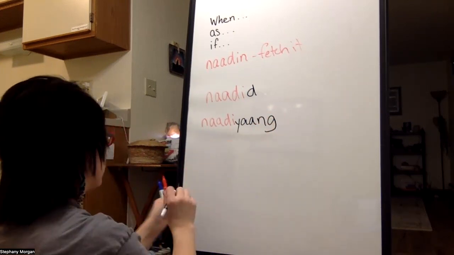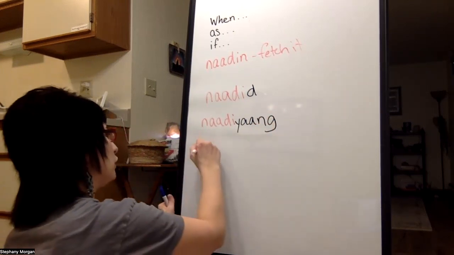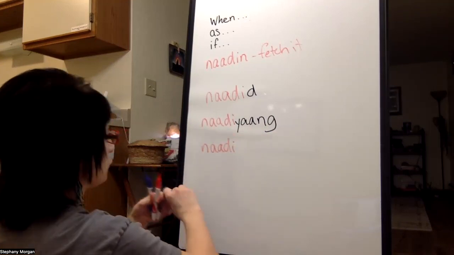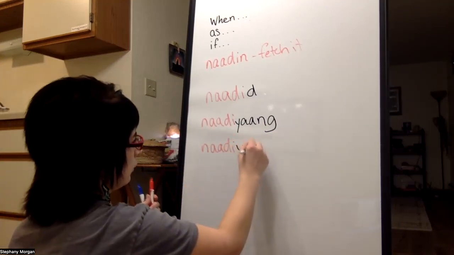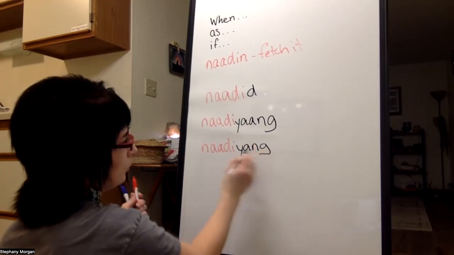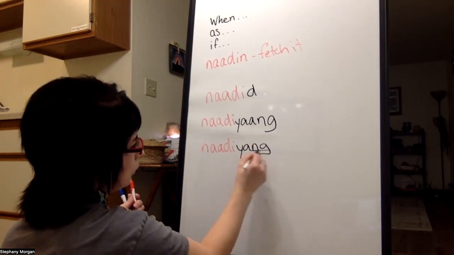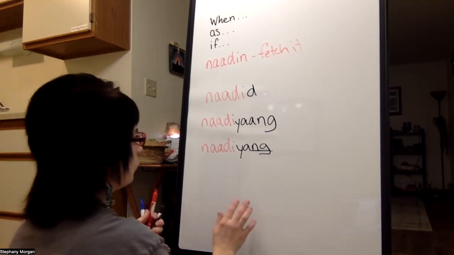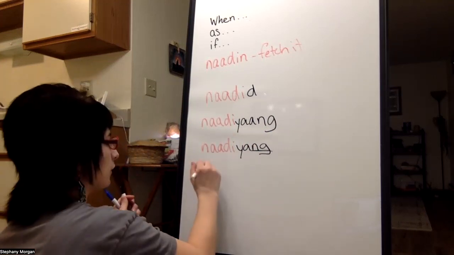Not young. When we, including you. So we start by writing when you fetch it, not yun, and then add a G. When we, including you, fetch it. When yous fetch it.